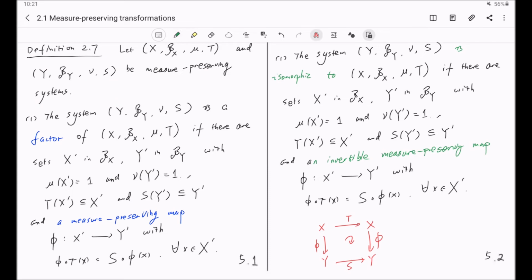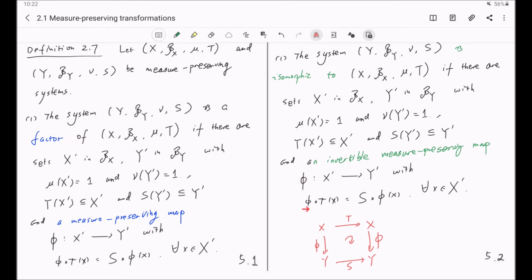In order to prove that two systems are isomorphic, there are a lot of things to check. First, you have to construct this phi from a subset of full measure in X to a subset of full measure in Y. You have to prove that this map is indeed measurable and measure preserving.